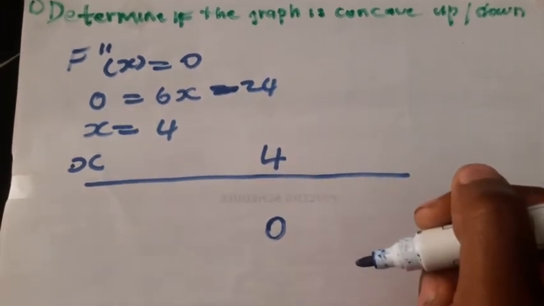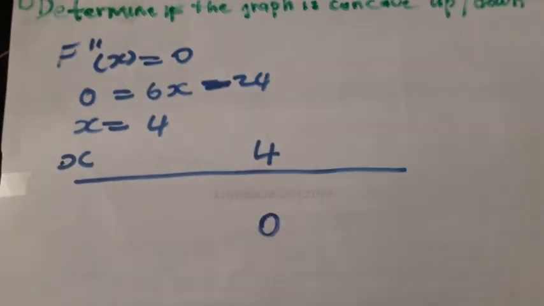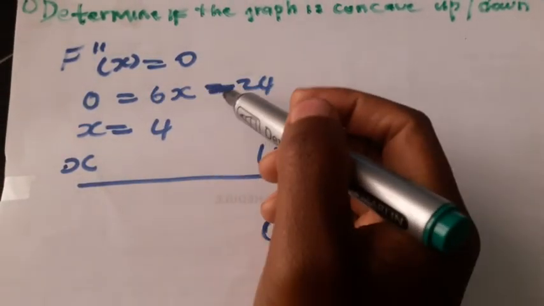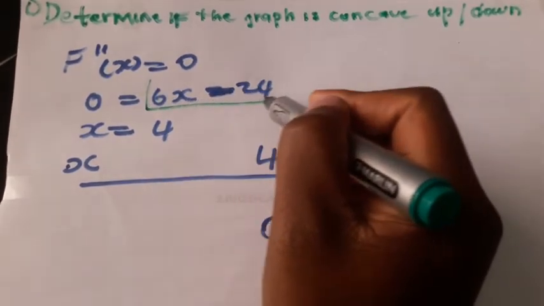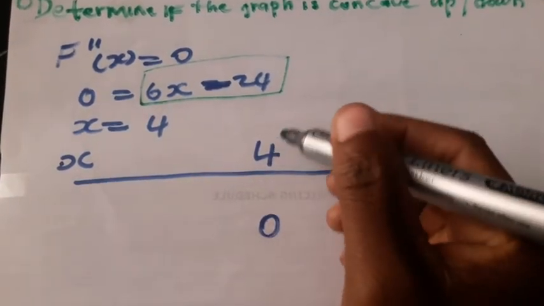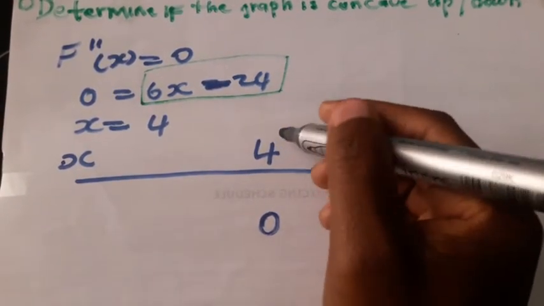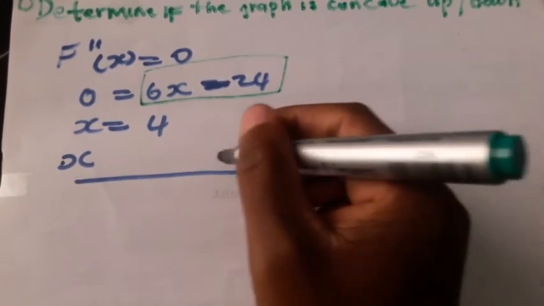So now what do we do? We go to our second derivative, which is here. Then we ask ourselves, for the value of 4, take any number which is less than 4.